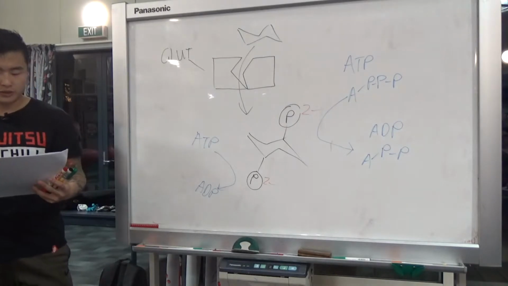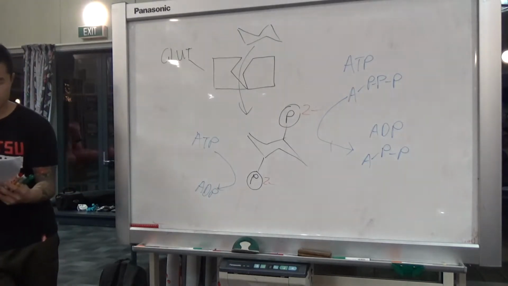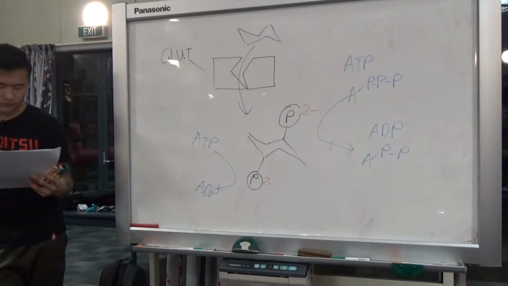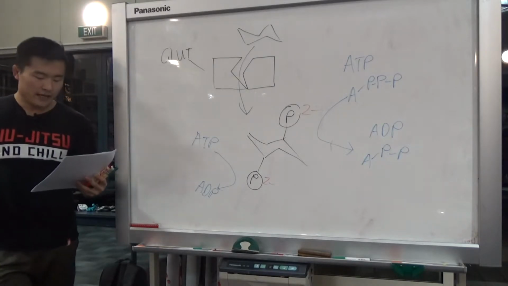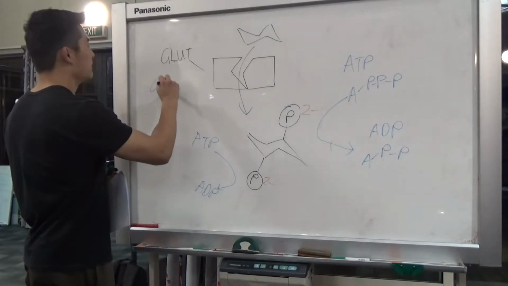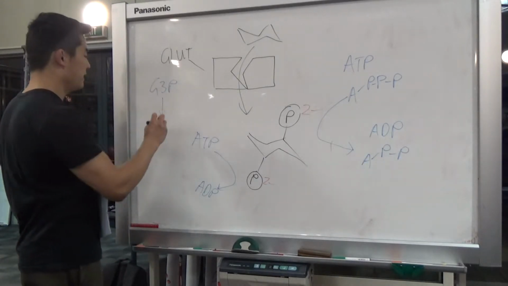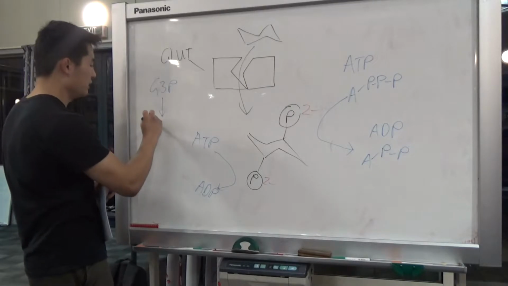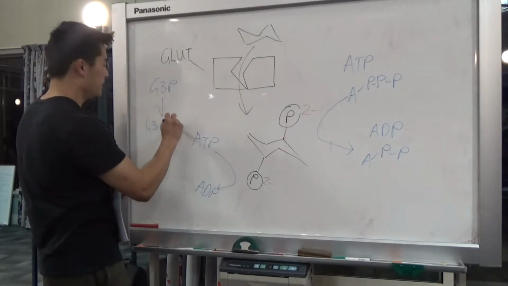That 3-carbon molecule is called G3P, and G3P is oxidized into something called 1,3-BPG.